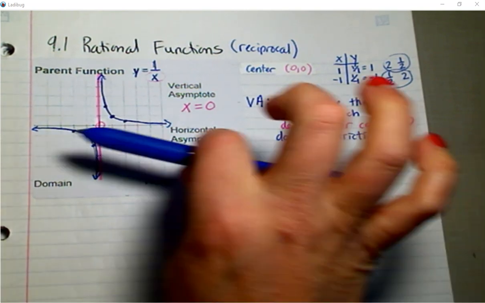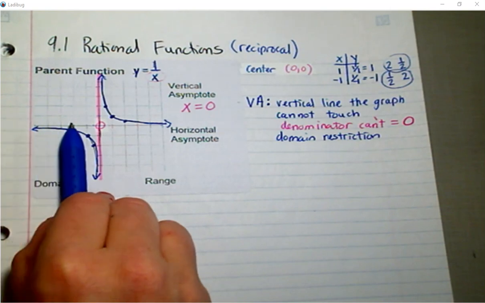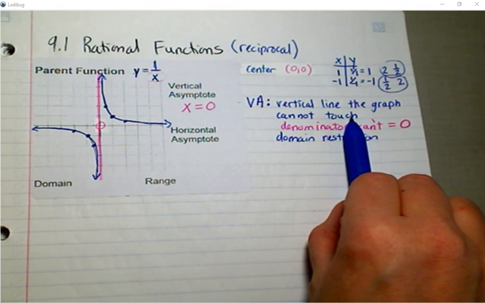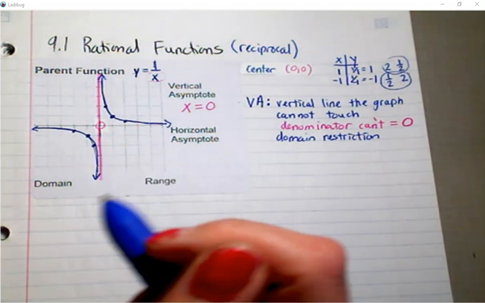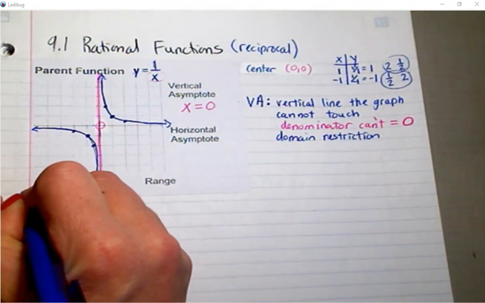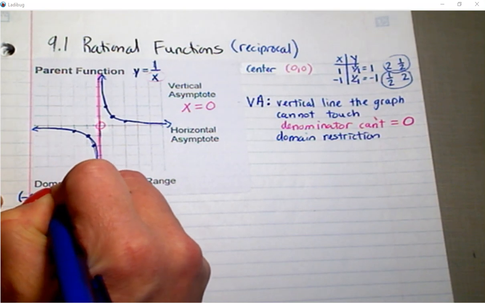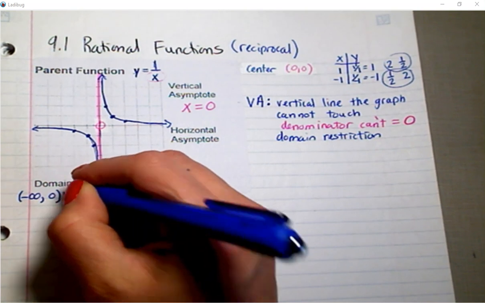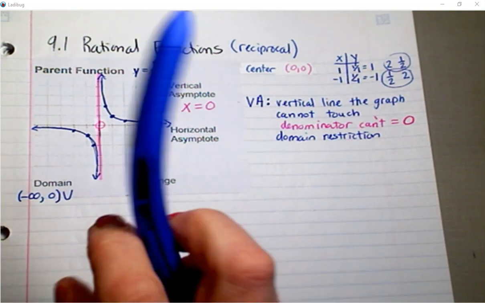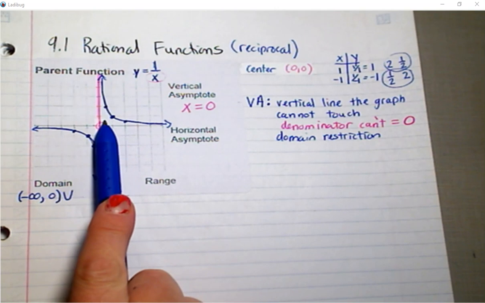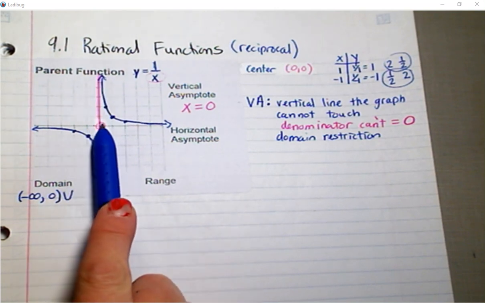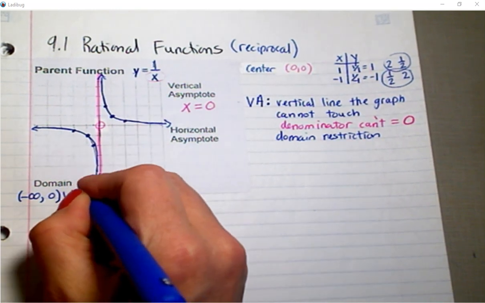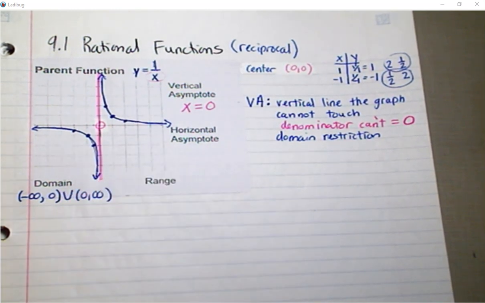Looks like my arrow goes all the way to the left. That's negative infinity. Pick up my pencil because I cannot touch the vertical line. So this first part is going to be negative infinity to 0, open because I'm not touching it, union 0 just on the other side of the asymptote, all the way up to positive infinity.